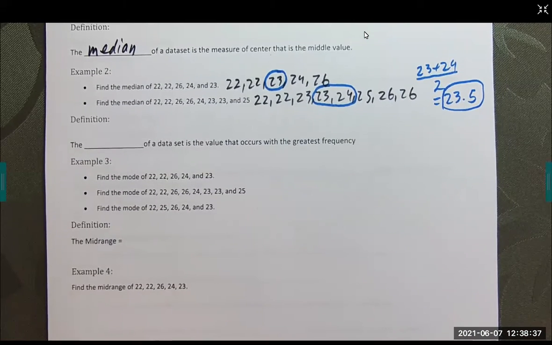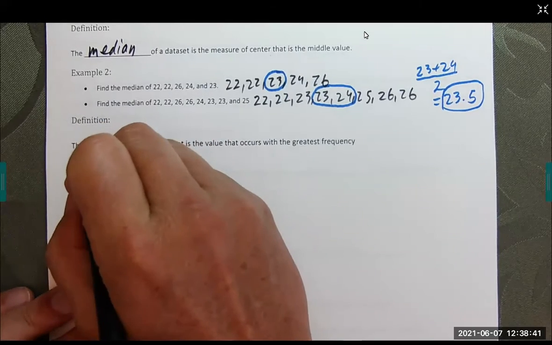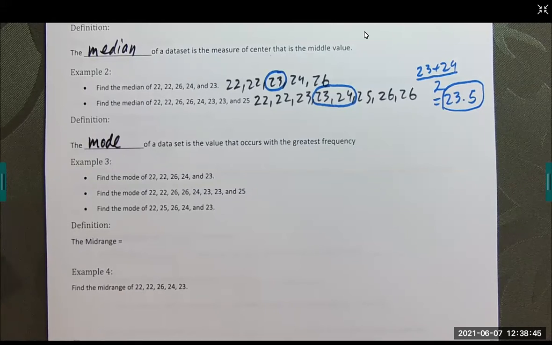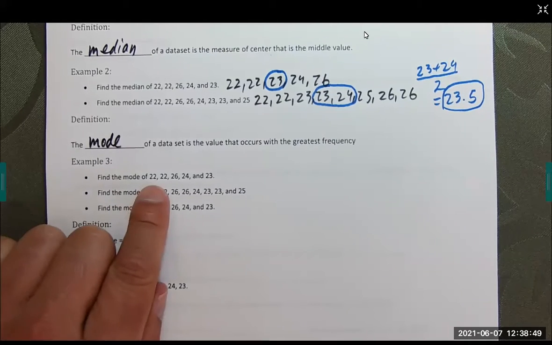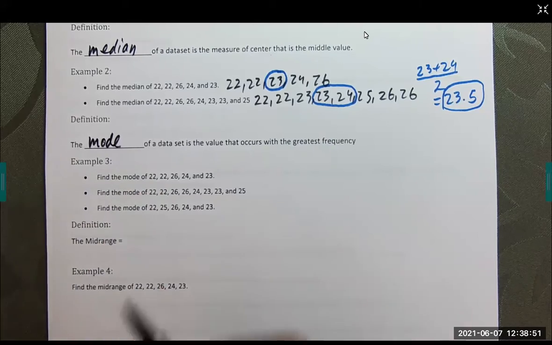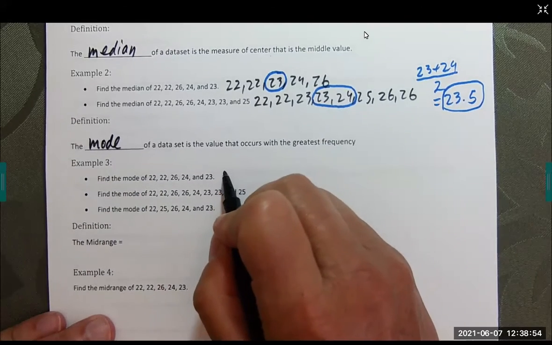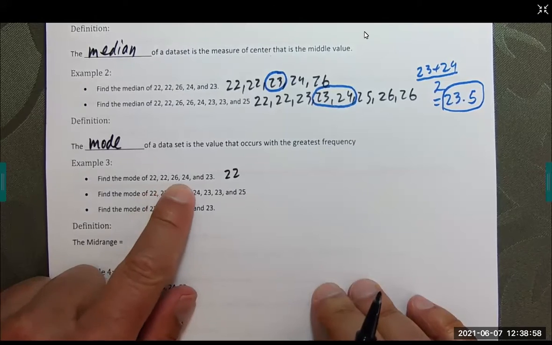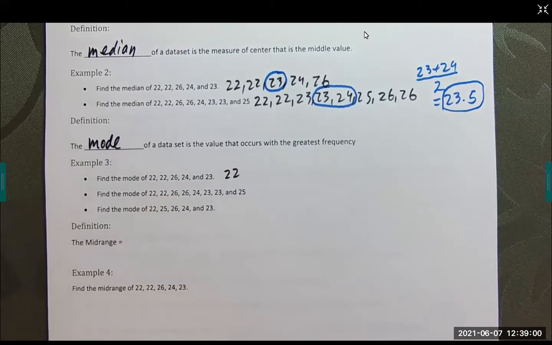Next up, we have the mode. The mode of a data set is the value that occurs with the greatest frequency. For example, the mode for this one is 22, because 22 occurs twice. There's only one 26, one 24, and one 23.